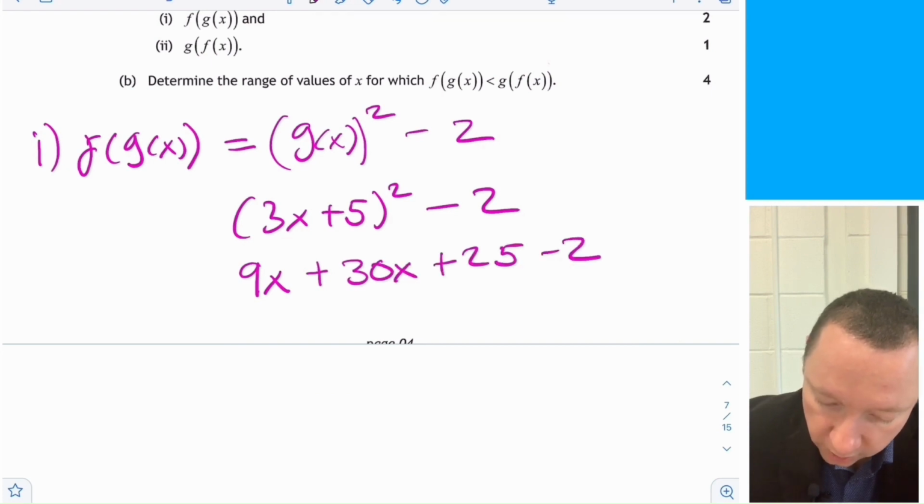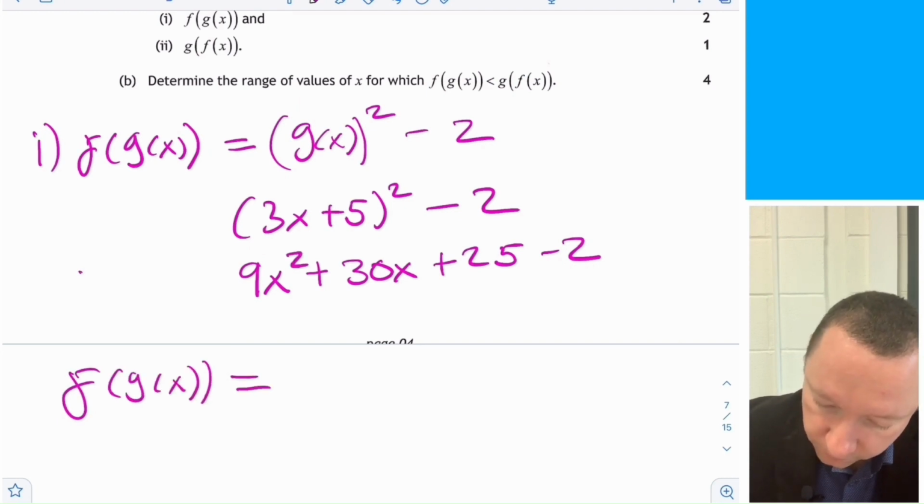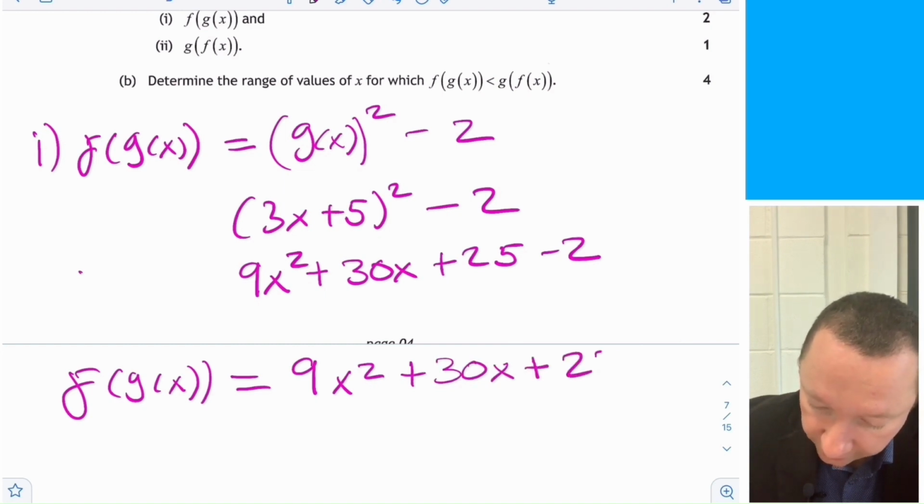Minus 2, so f of g of x equals 9x squared plus 30x plus 23.